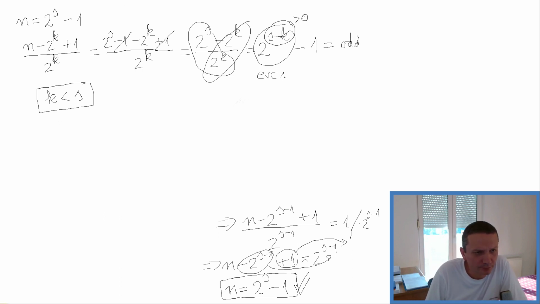So for all k less than s, which means that this denominator here, 2 to the power of k, is less than 2 to the power of s, and actually because this is equal to n plus 1, we can go with this 2 to the k up to n. So let me conclude this.